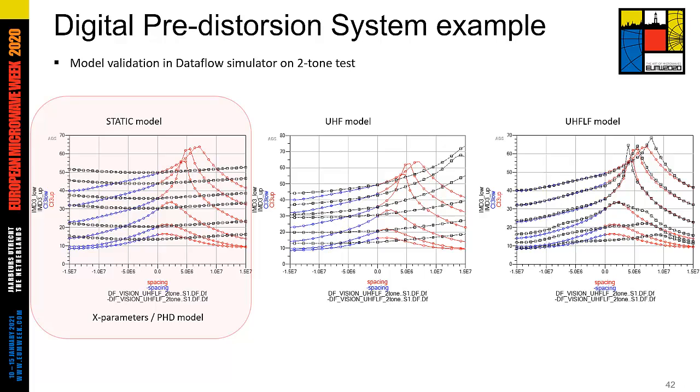As this graph shows, the static models, the EPHD model available for system simulation, are unable to reproduce the low-frequency memory. The model that takes into account only the high-frequency memory seems to capture the asymmetry but not the resonance. And again, the high and low-frequency memory model performed very well on the two-tone test.